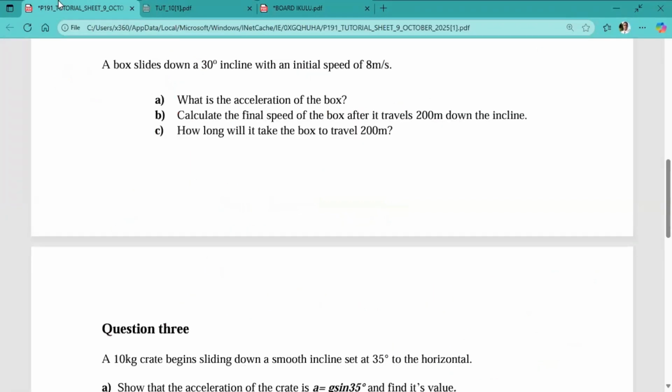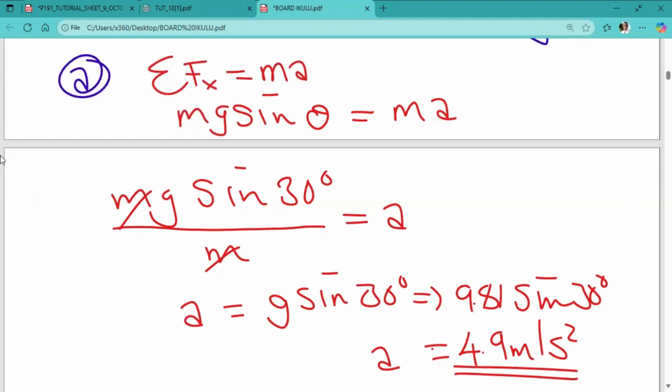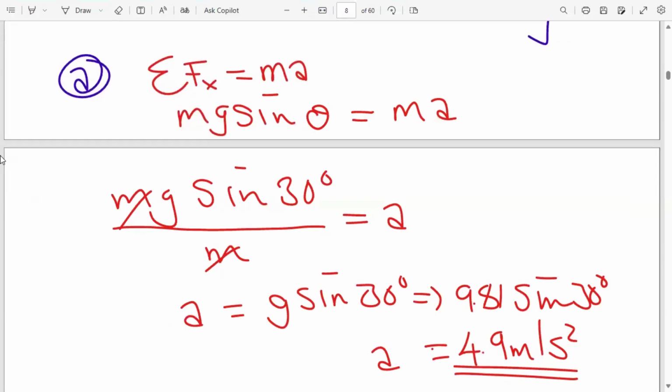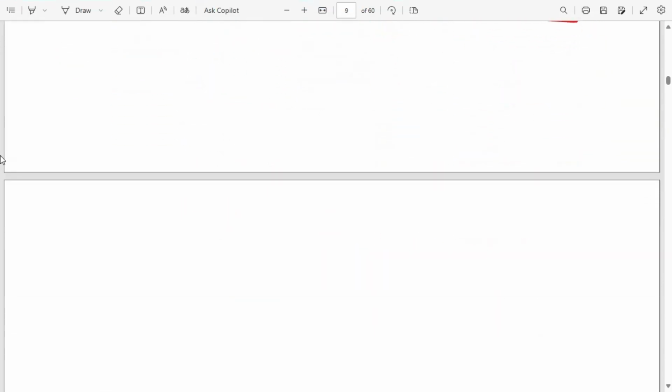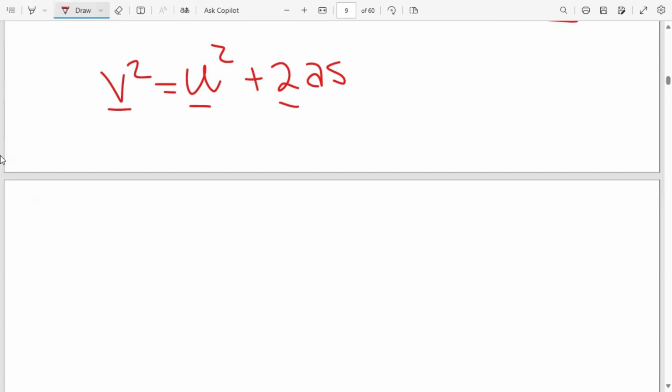Question B is saying calculate the final speed of the box after it travels the 200 meters down the incline. We've calculated the acceleration, so we can use this formula: v squared equals u squared plus 2as, where v is the final velocity, u is the initial velocity, 2 is the constant, a is acceleration, and s is the displacement.